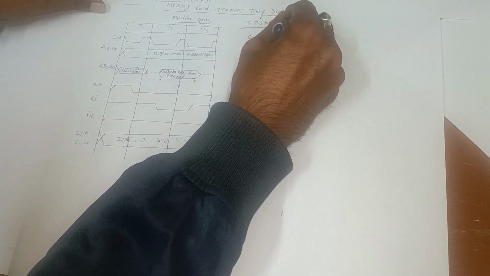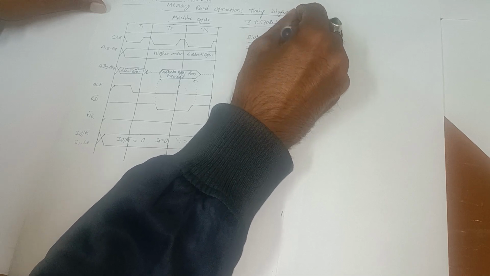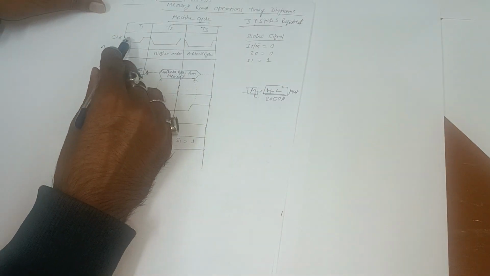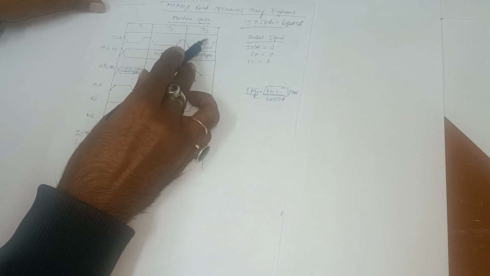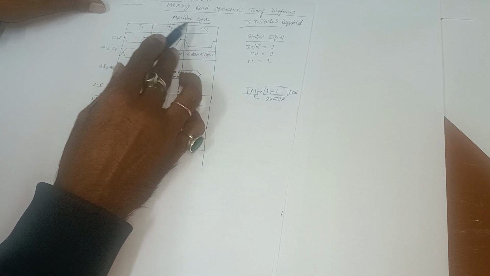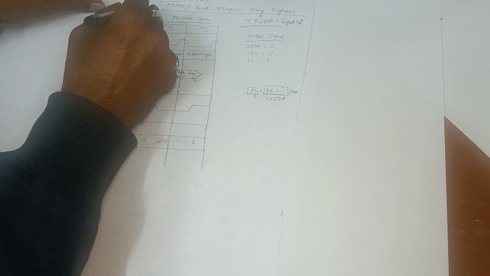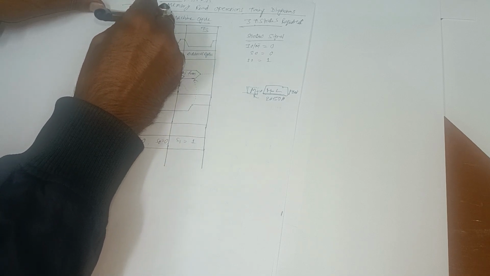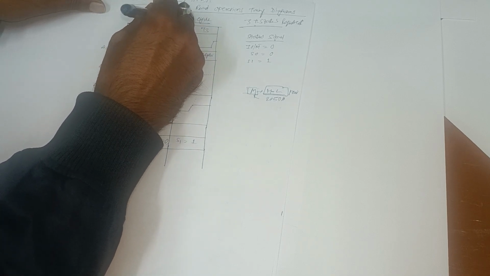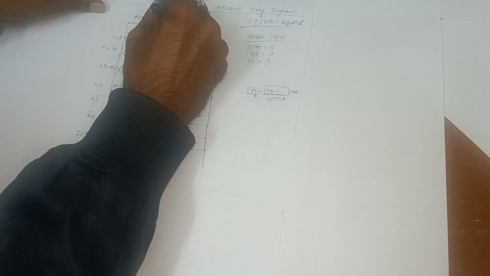Again in a similar fashion we have taken T1, T2, T3, these are the T states. So you can say this is the memory read machine cycle.